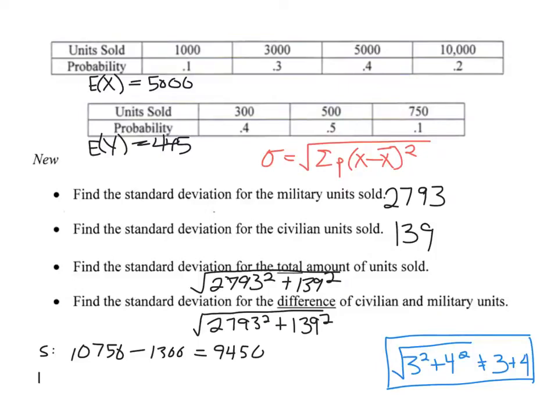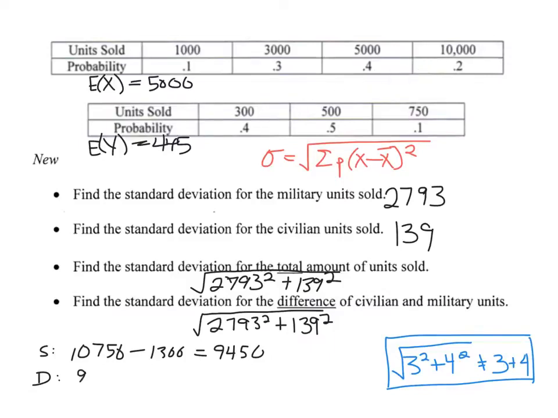Now the range of differences is like saying, well, what's the smallest possible difference? The smallest possible difference is if they both had great years, they're only 250 apart. On the other hand, if this had a great year and this had a bad year, they're 9,700 apart. So I write that down.